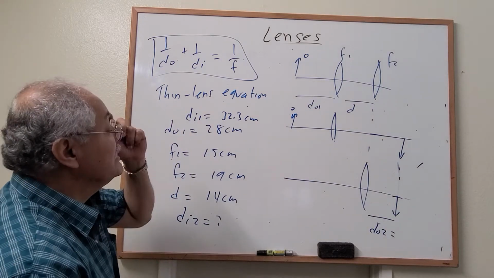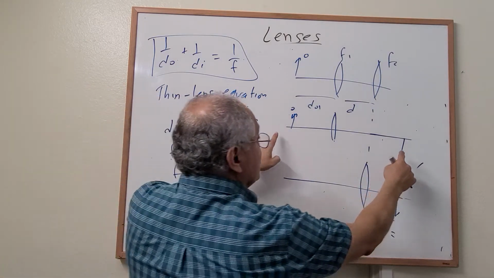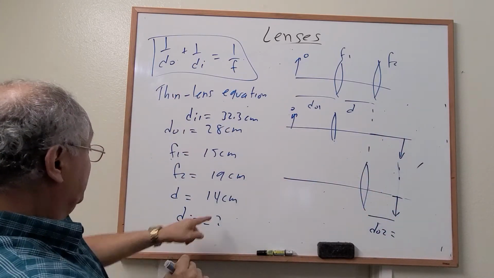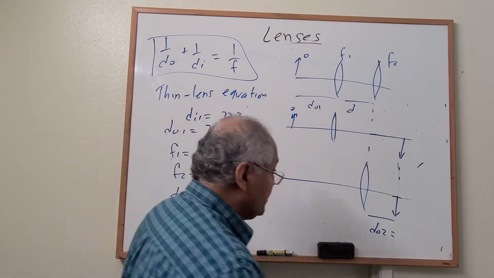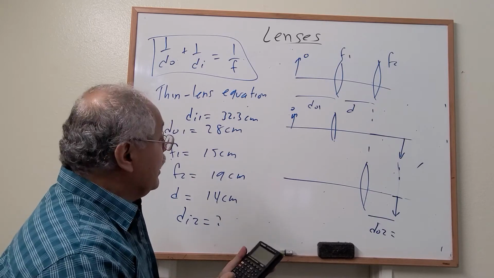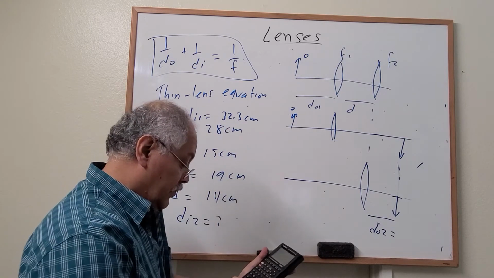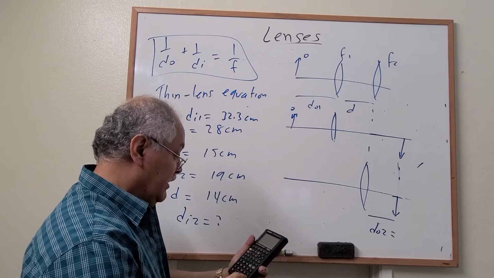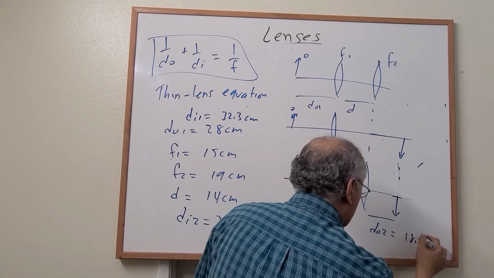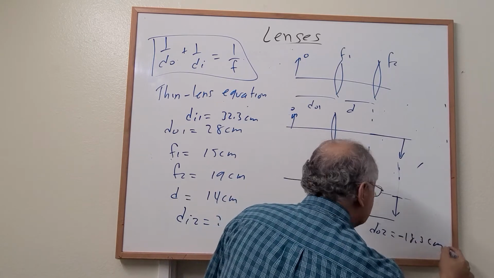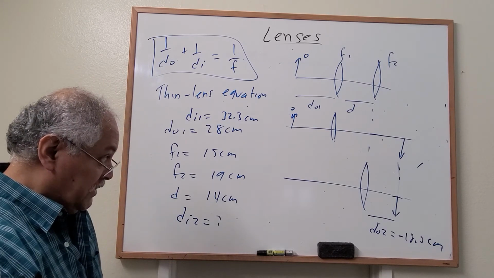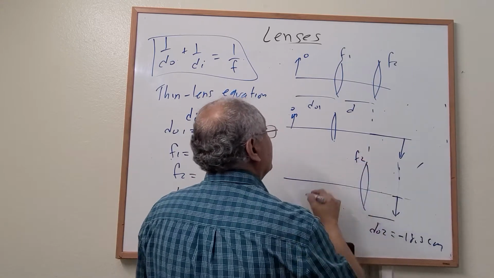We found that from here to here is 32, but the lens is at 14, so the difference is 32.3 minus 14, which equals 18.3. So dO2 is negative 18.3 centimeters, the object for lens 2.